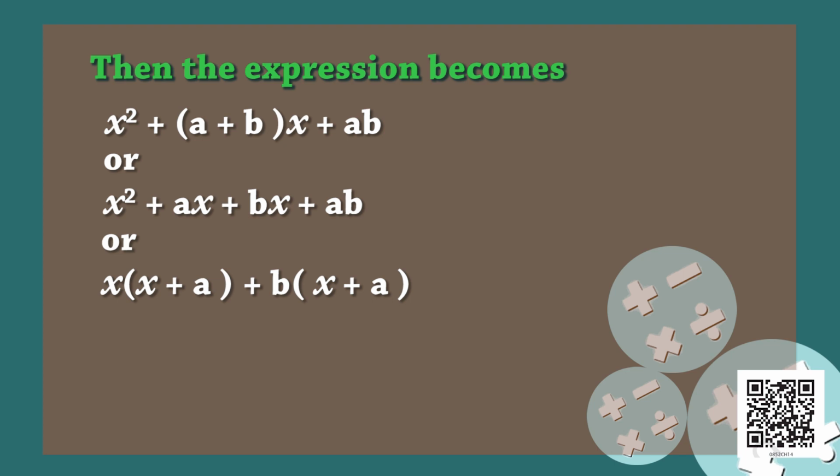By taking it as common, we can write it as (x plus a) into (x plus b), which are the required algebraic factors. So in this way, by identifying the factors of the constant term, we can split the given expression into two factors. From that, we identify the required factors of the given algebraic expression.